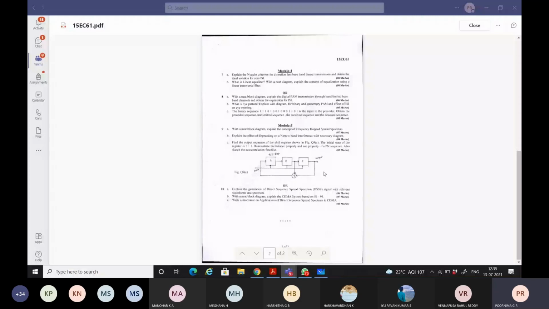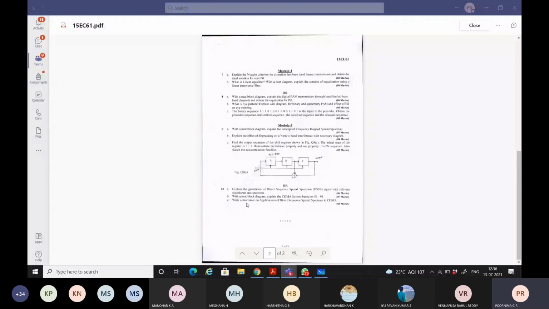The initial state is given as 111. XOR the second flip-flop output with the third flip-flop's output, and give it as an input for the most significant flip-flop. Thereby you will get the PN sequence.